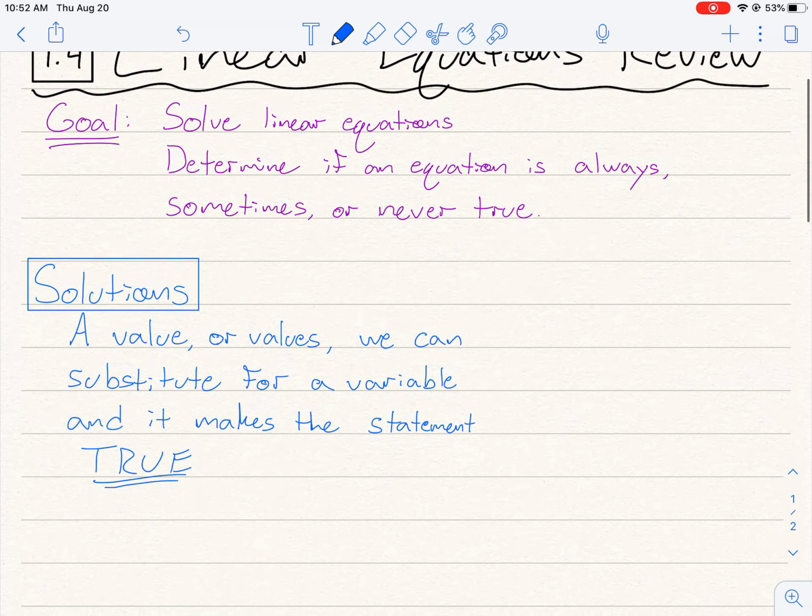So it's a value or values that we can substitute for a variable and make that statement true.